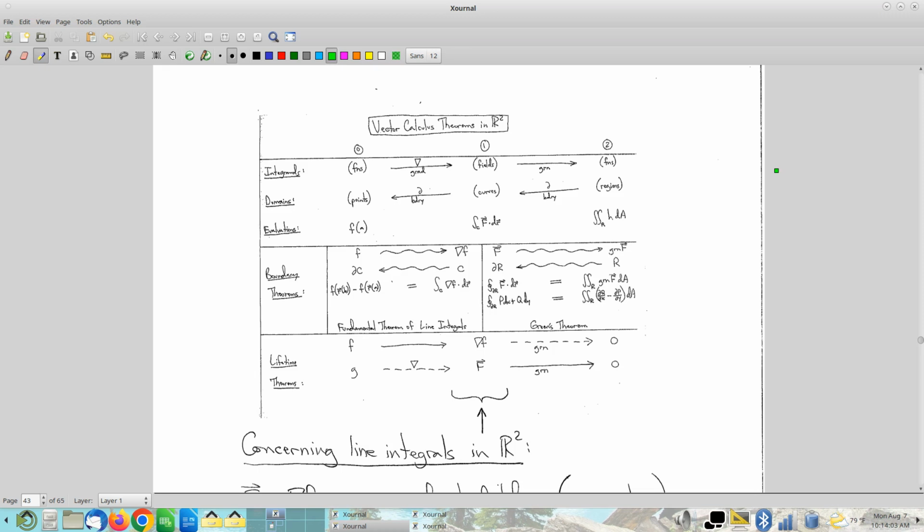Old news, old fact. Operator to the right, boundary to the left, evaluate on both sides, you get the same thing, right? Likewise, for the other spot in this diagram, operator to the right, boundary to the left, evaluate on both sides, you get the same thing.